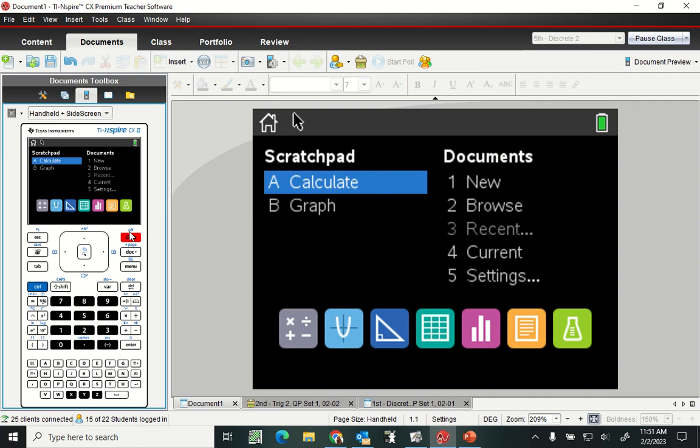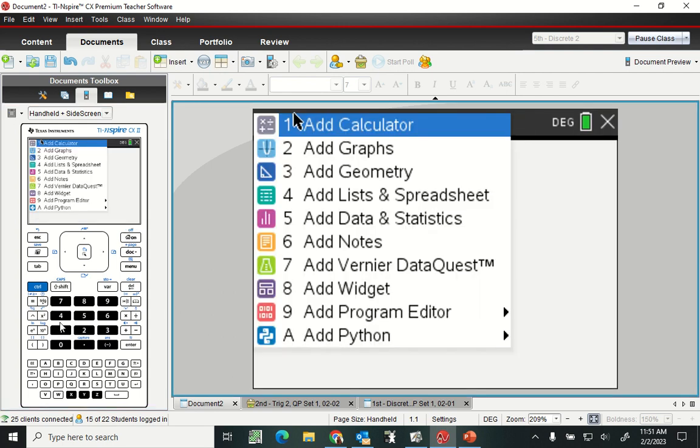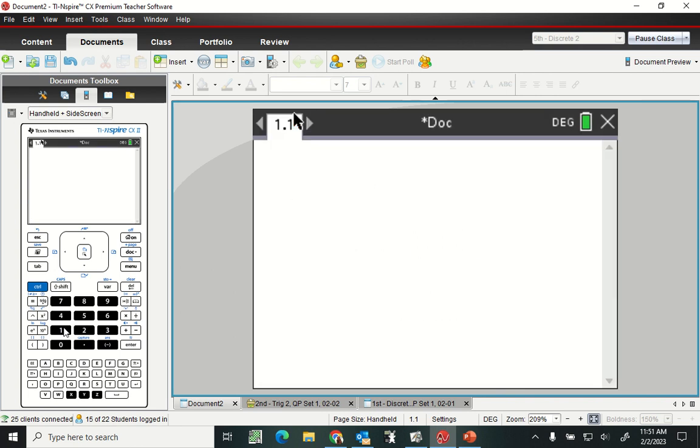New document. Oh yeah, my board doesn't like me yet. New document, and we are going to use the calculator. We just need documents open for this one. Super basic, right?